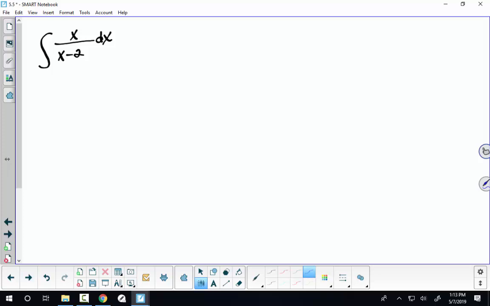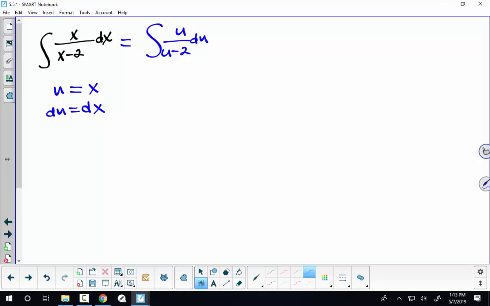First of all, note that if you're confused as to what u should be, or even if it'll work, then maybe you try, let u equal x, then du is dx. But if that's our substitution, then this integral turns into the integral of u over u minus 2 with respect to u.